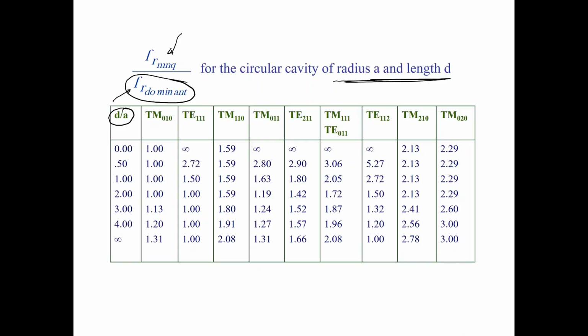So this is the minimum resonance frequency of the excited mode, and what is the resonance frequency of that specific mode I'm looking for. Up to d equal to twice a. So for d less than or equal to 2a, TM010 is the dominant mode.